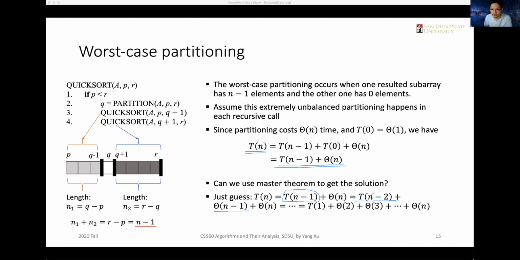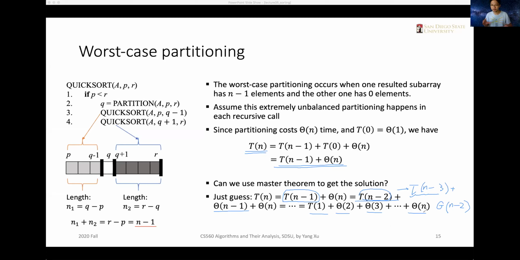And then we can further split this one into T of n minus 3 plus big theta of n minus 2, right? And then we further split this one, so we will get something like T of 1 plus big theta of 2, big theta of 3, until we get big theta of n.